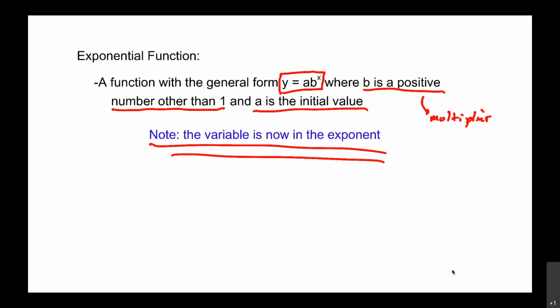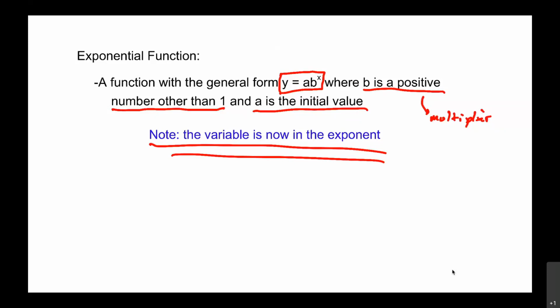It's when there's a variable in the exponent that you're solving for. x squared and x cubed, for example, are not exponential functions. x squared is a quadratic, x cubed is a cubic. Exponential functions have the variable up in the exponent. Does anybody have any questions about that at all?